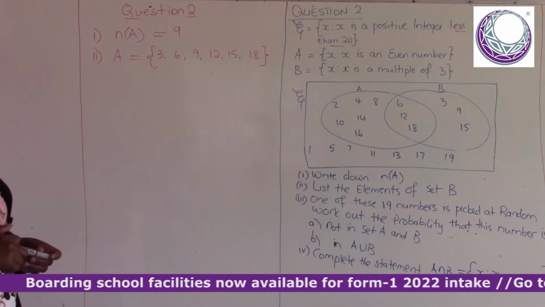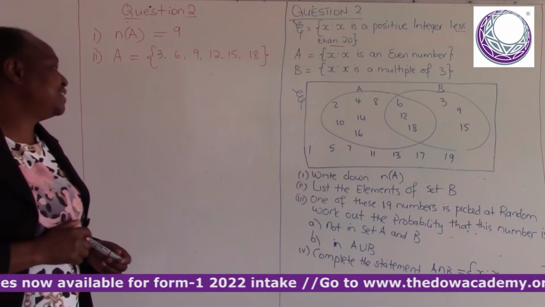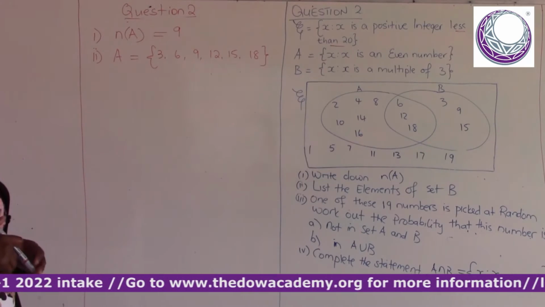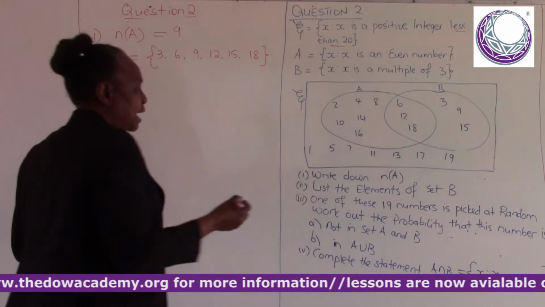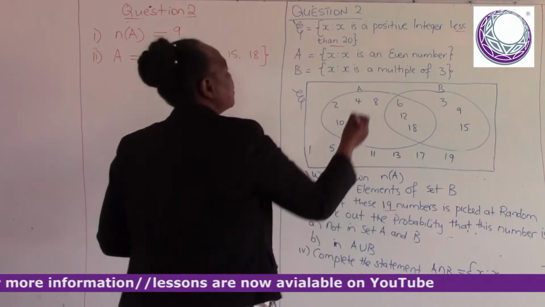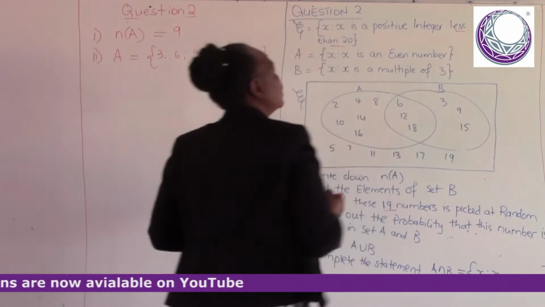Then part 3. One of these 19 numbers is picked at random. Please note that they are talking about 19 numbers because it was less than 20.